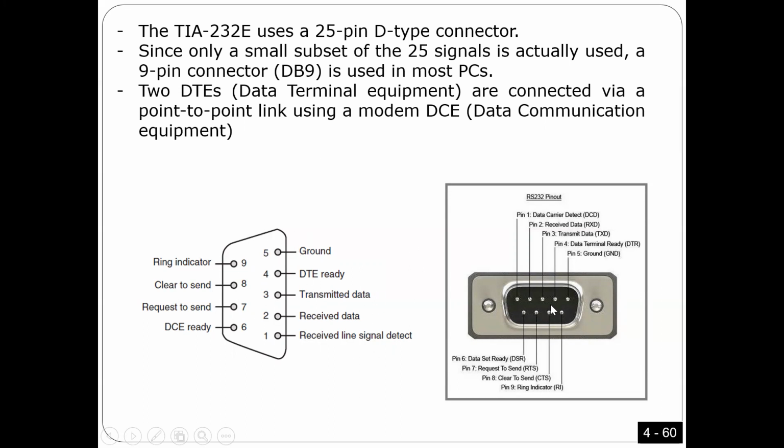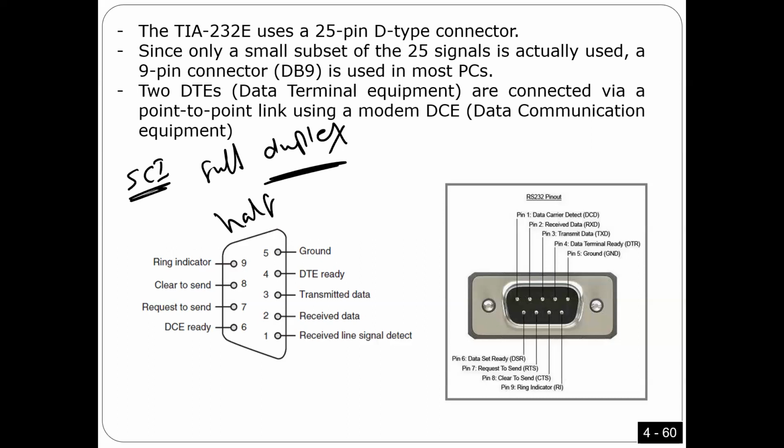You can see here, by the way, our SCI is full duplex. What do we mean by full duplex? If you have some knowledge in communication, that means we can transmit and receive at the same time. If it were half duplex, that would mean at a certain time I should either transmit or receive.